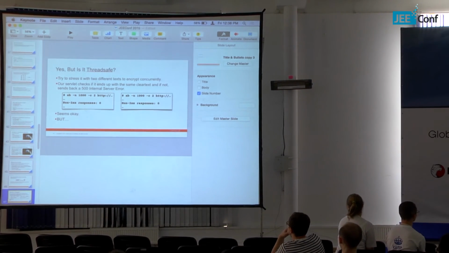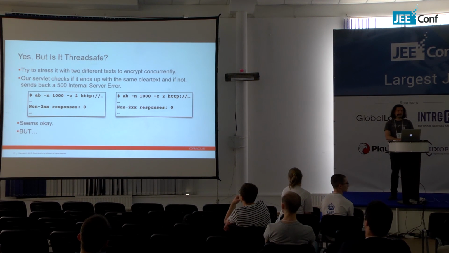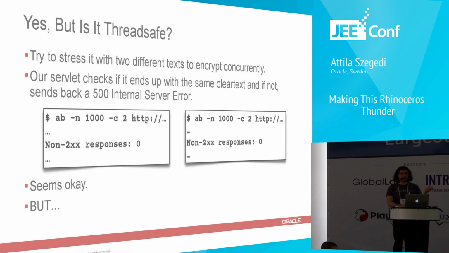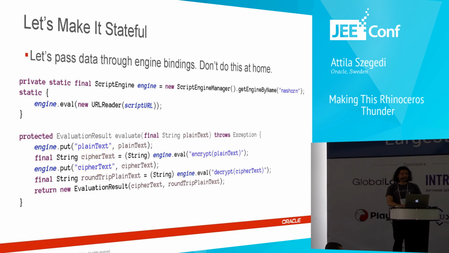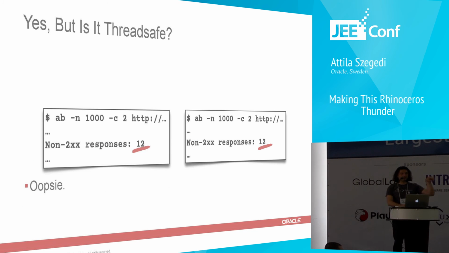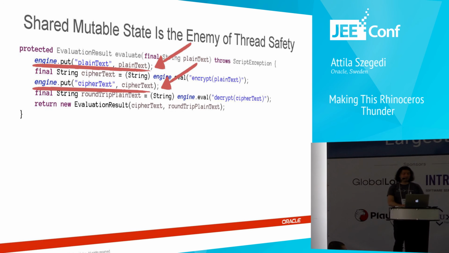And I have a version of the servlet that is intentionally stateful, so it puts things into the global scope. And if I run Apache Bench against those two versions, then I will actually start getting non-2xx responses, so I'm actually triggering race conditions. And of course, that's because shared mutable state is obviously the enemy of thread safety here.